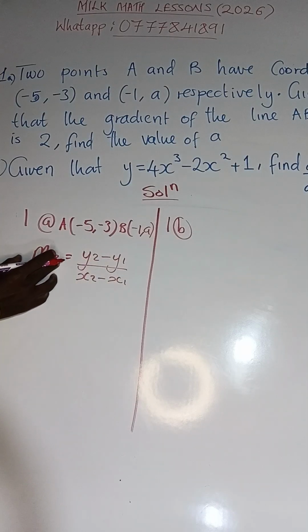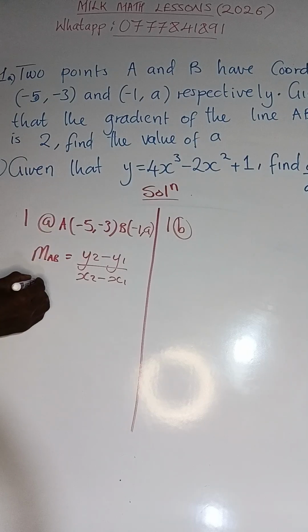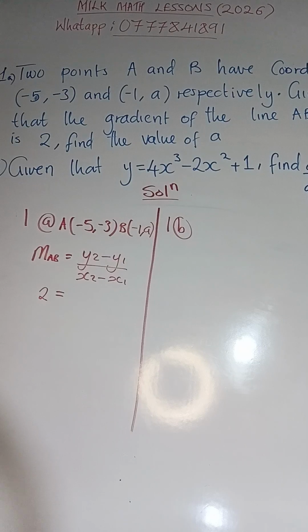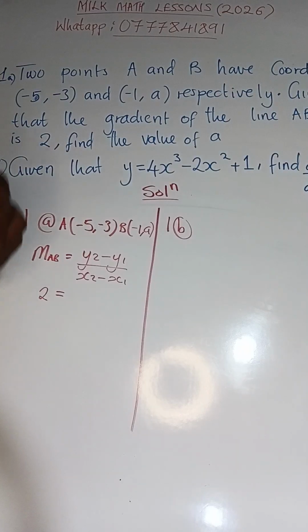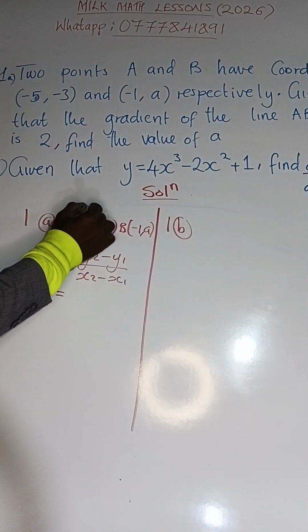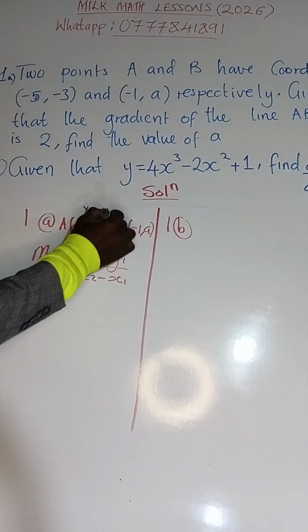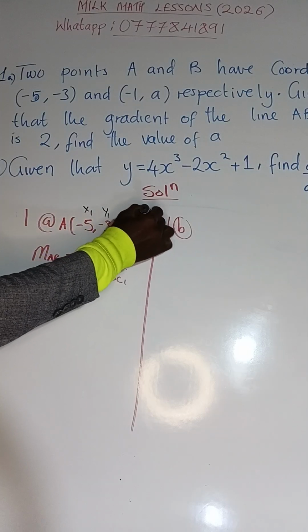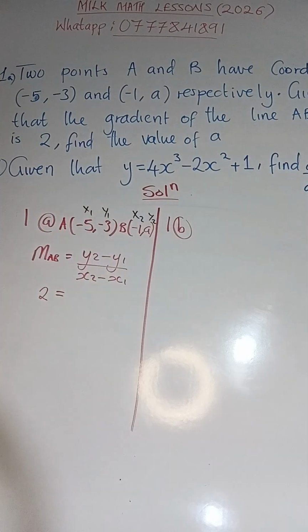Where we have the gradient, I've said it's 2, so we insert 2 here, equals. Let me not forget to indicate the x1, y1, x2, y2. So this is x1, this is y1, x2, y2. I guess you can see that.